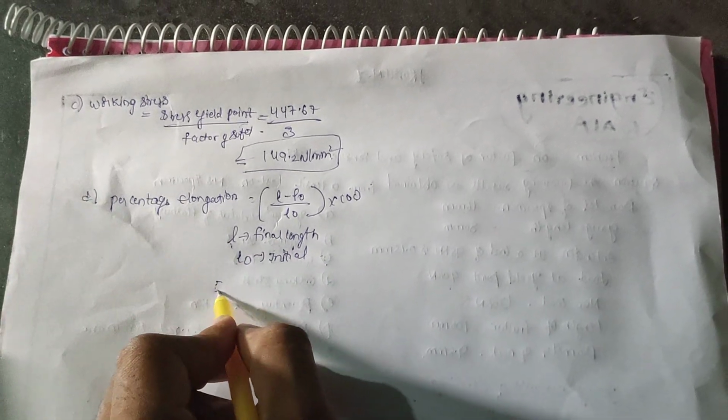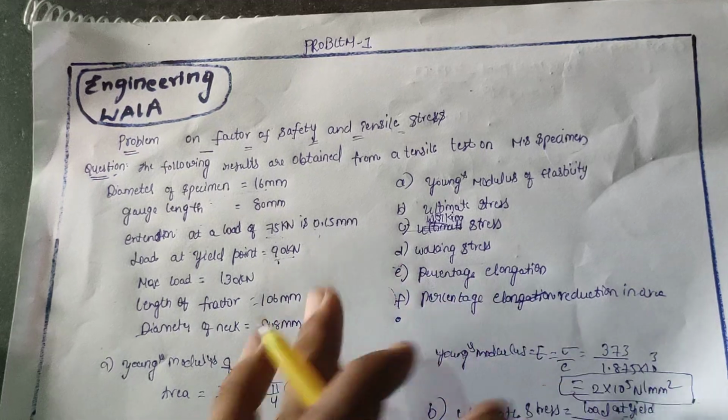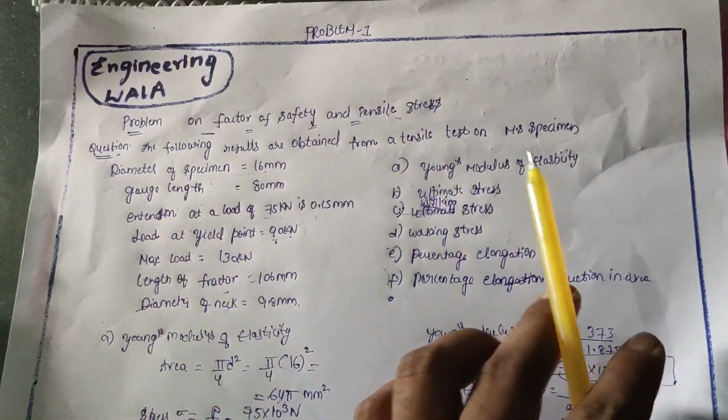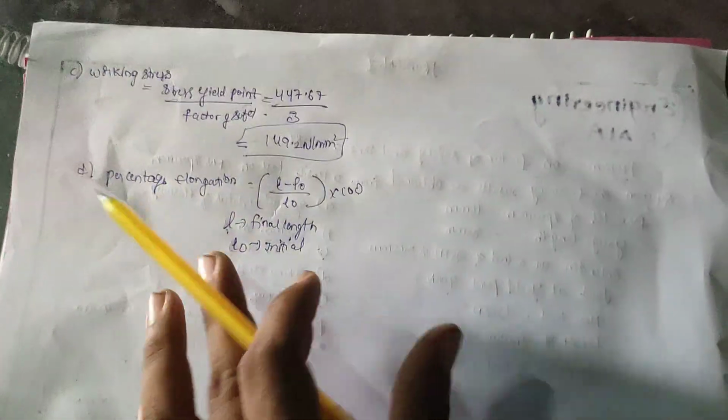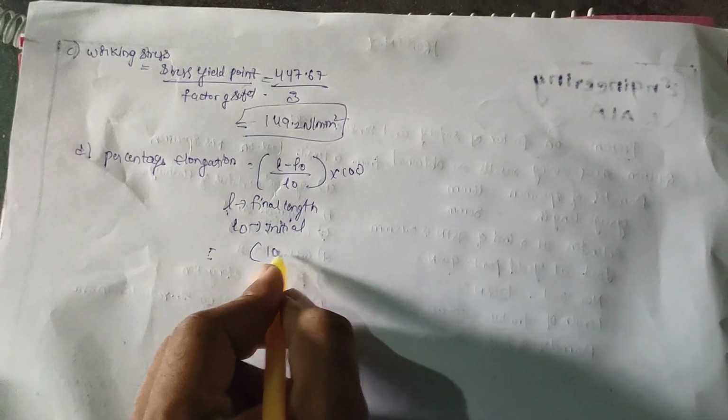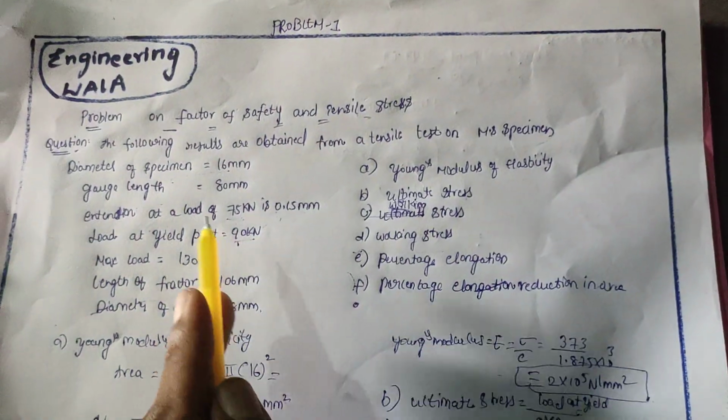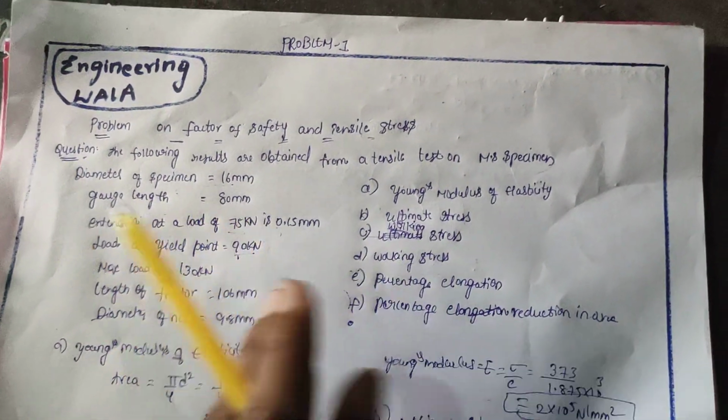Capital L, the length at fracture, is given as 106, and the initial length or gauge length is 80 mm.